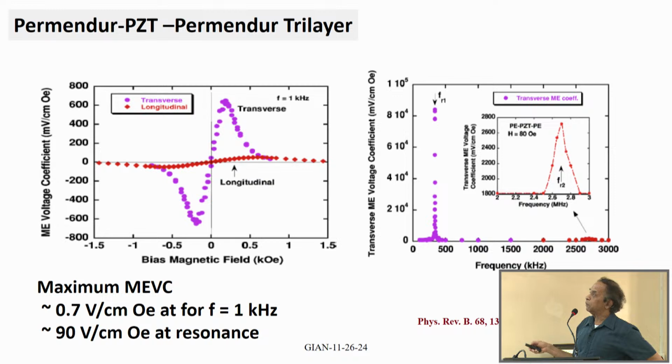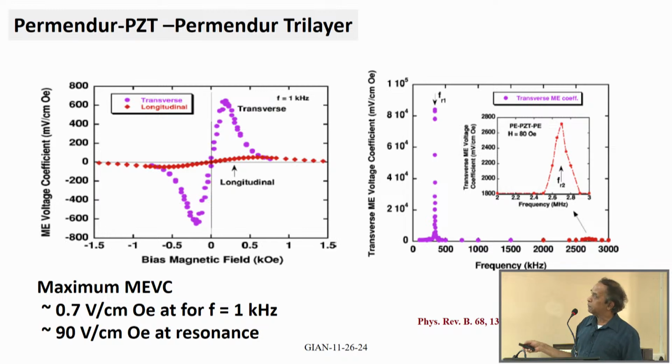This is the voltage coefficient versus the static field for in-plane fields and fields perpendicular to this trilayer. So the value is on the order of 600 millivolts. That's the maximum for in-plane magnetic fields. But ignore the perpendicular field, because you hardly use that configuration for any potential applications.